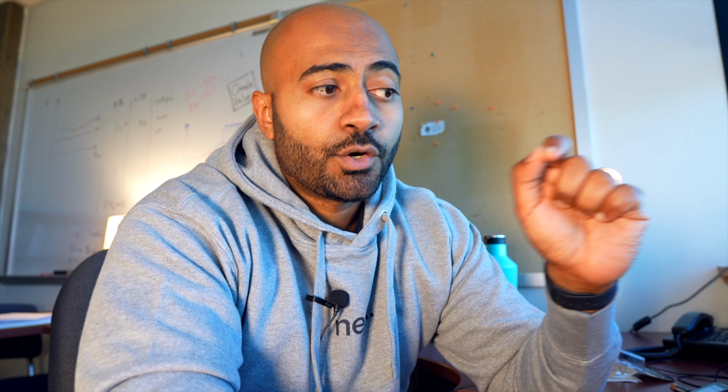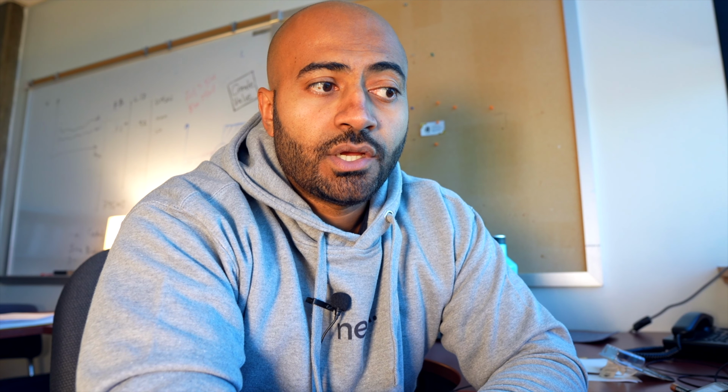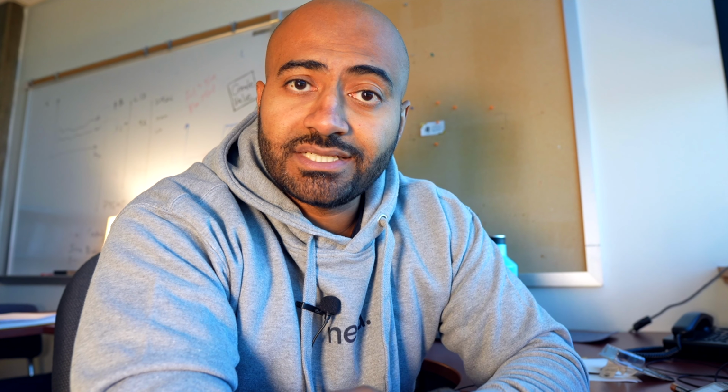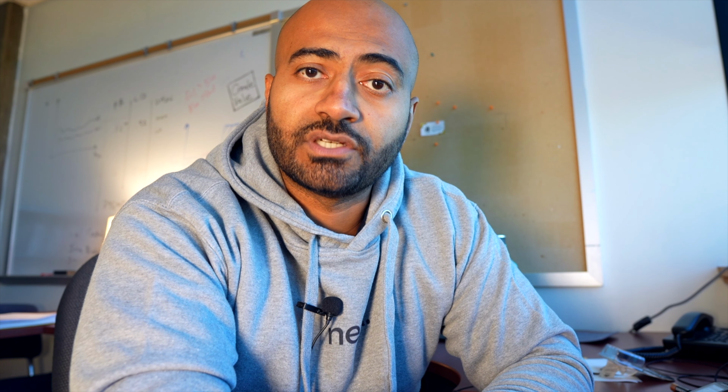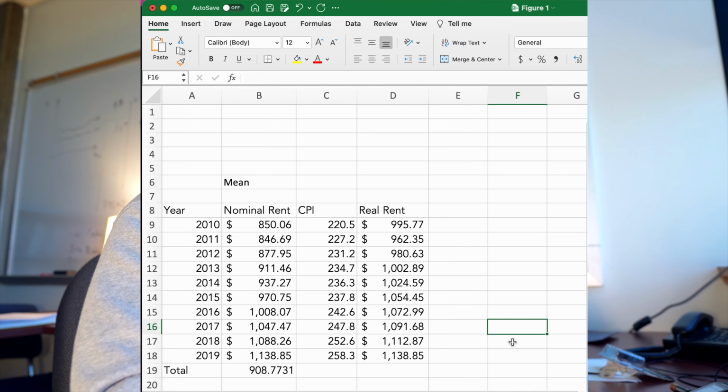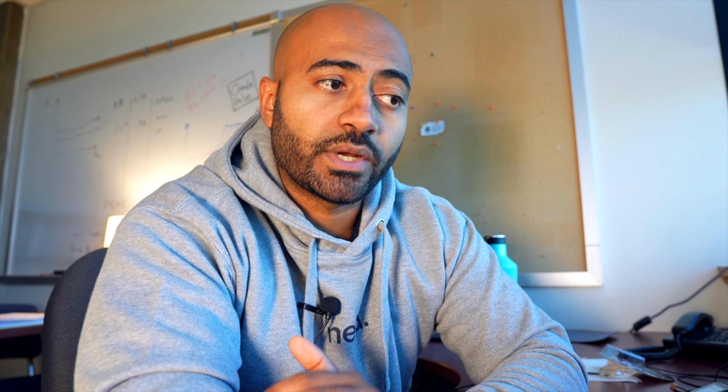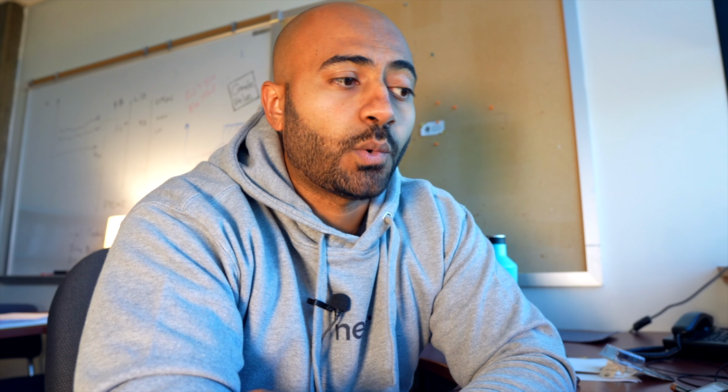That means rent in 2010 transformed to 2019 dollars is $995.77. And if I do that across all years, now I'm able to compare all the rents relative to 2019 dollars.